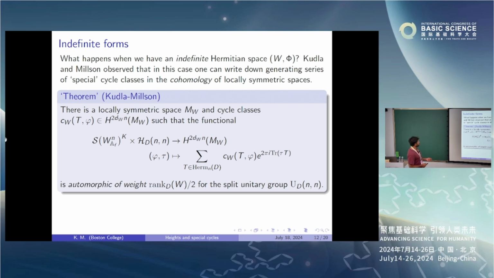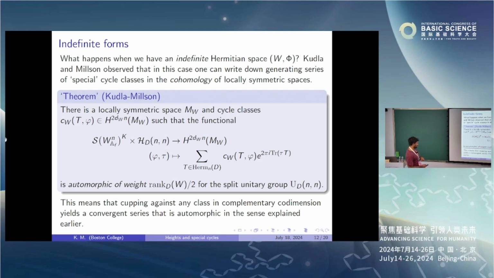If you have this W, you can associate some locally symmetric space, a quotient of some symmetric domain by an arithmetic subgroup, and have these cycle classes in the cohomology. When you write down this generating series in analogy with the representation numbers, this is also automorphic in the same way as the generating series I wrote down before.